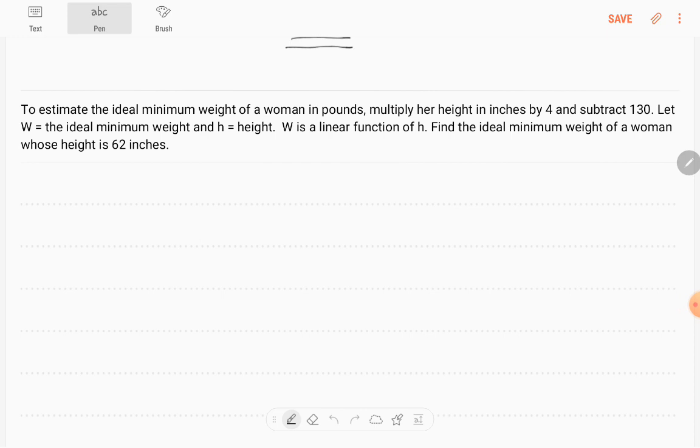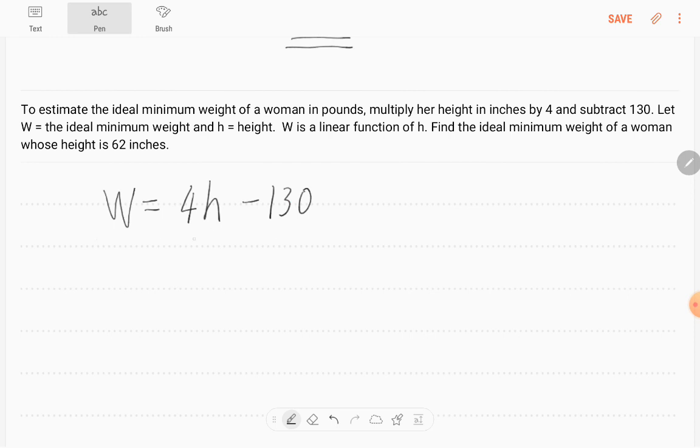If we let W be the ideal minimum weight and H the height, it tells you W is a linear function of H. So W equals 4 times height in inches, then subtract 130.